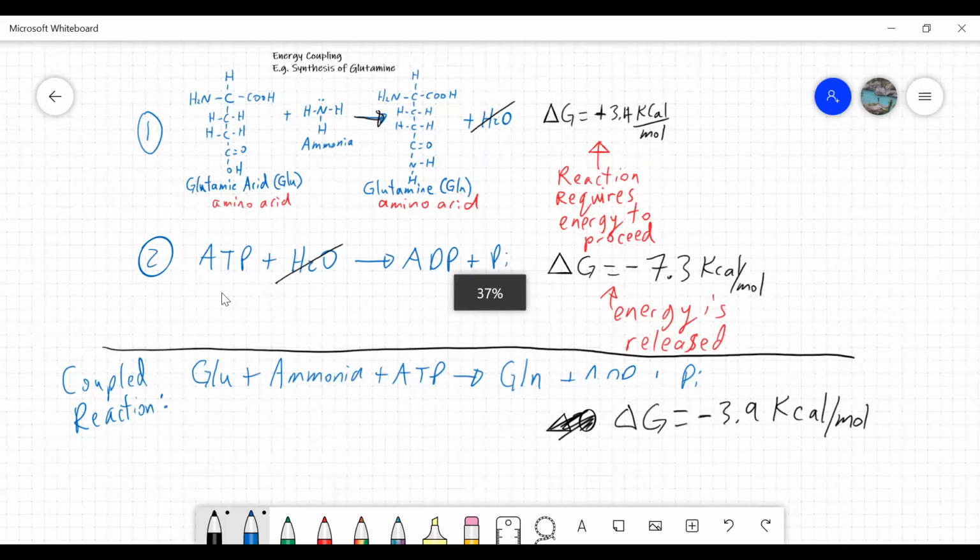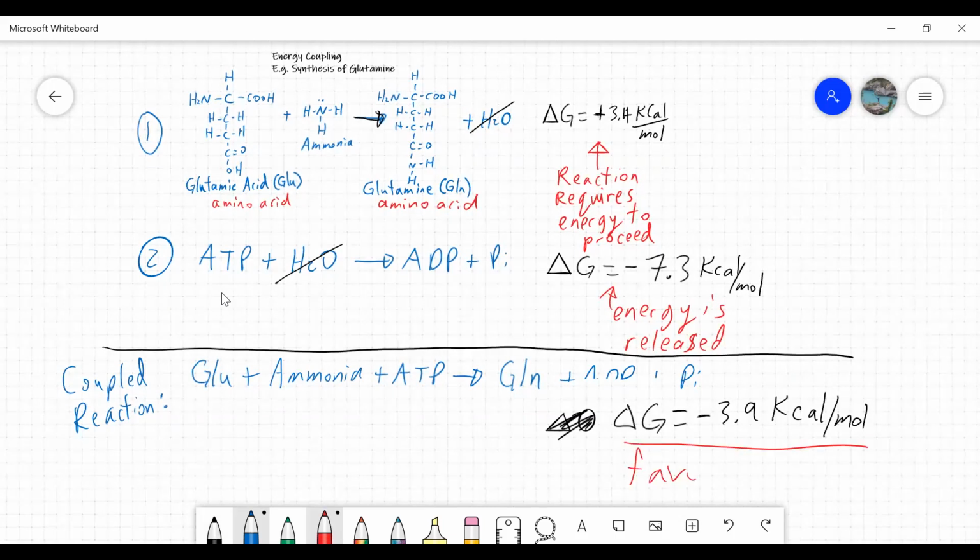And we can say that this is a favorable reaction. And maybe you can say that the reaction proceeds and we don't need any extra energy. We've provided enough energy for it. So that is really what energy coupling is all about, where we take an endergonic reaction and we couple it with an exergonic reaction, so the overall thing is favorable.